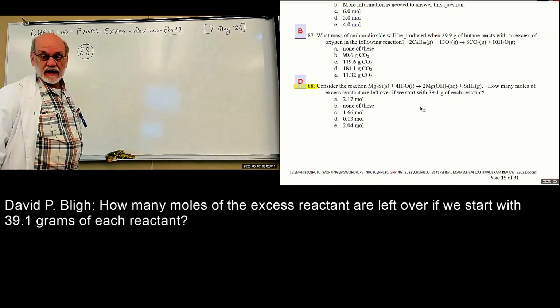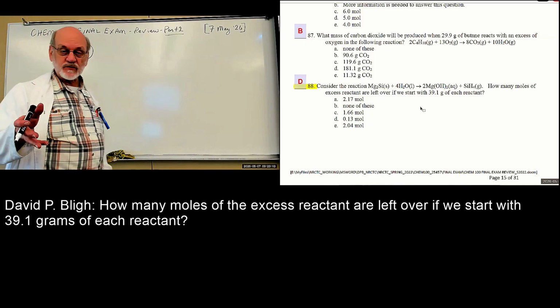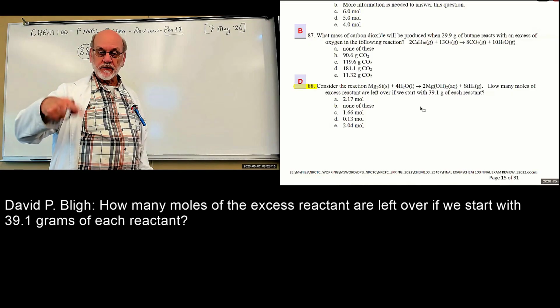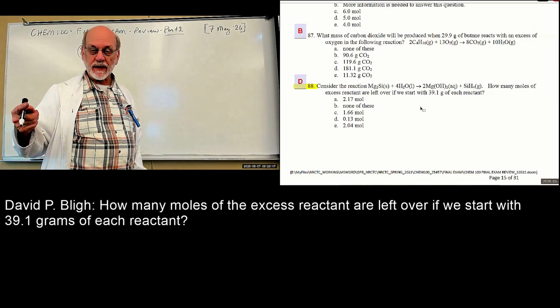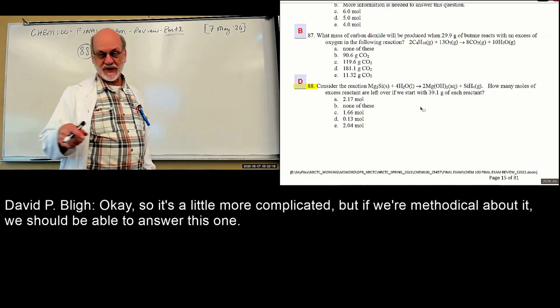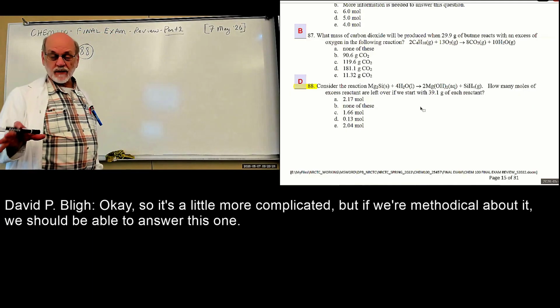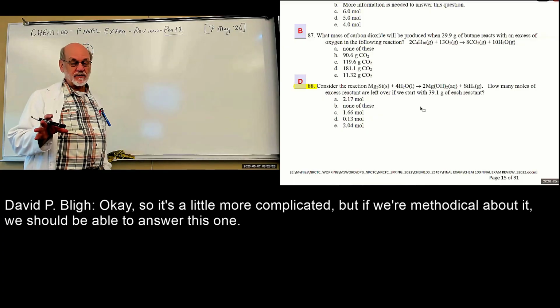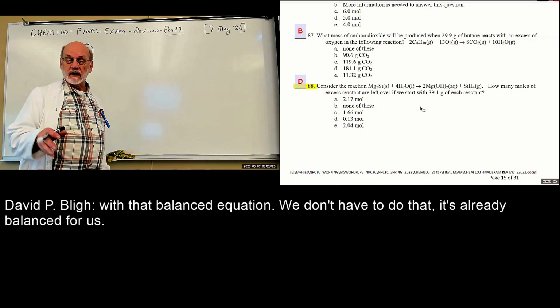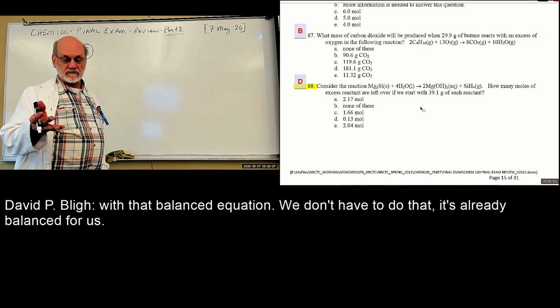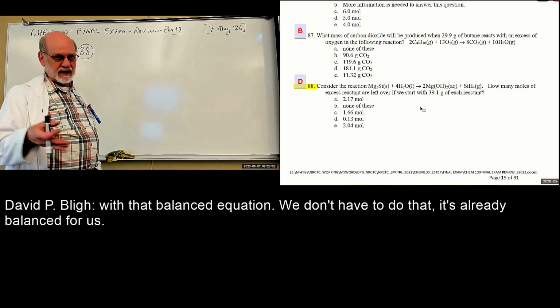How many moles of the excess reactant are left over if we start with 39.1 grams of each reactant? Okay, so it's a little more complicated, but if we're methodical about it, we should be able to answer this one with that balanced equation. We don't have to balance it. It's already balanced for us.